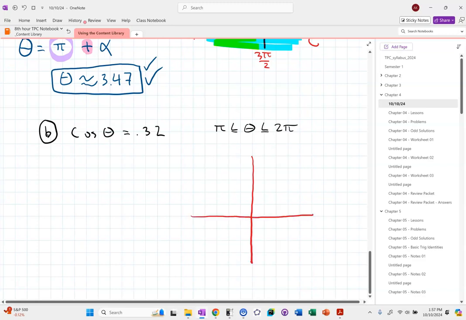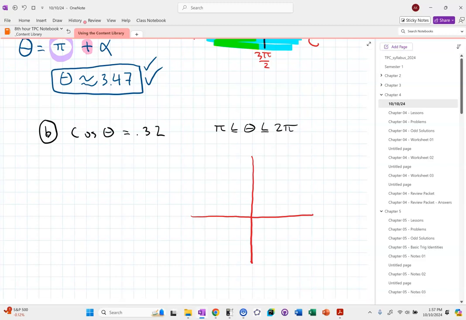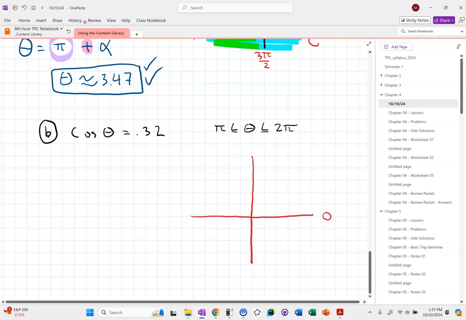So again, I'm going to start by drawing my picture. Our answer is positive, so let's start counting around. 0, pi over 2, pi, that's the start. 3 pi over 2, and then back to 2 pi.